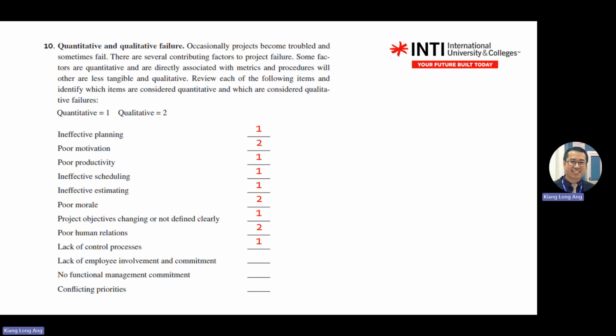Lack of employee involvement or commitment. What is this? Can you count commitment or can you count involvement? It's qualitative. Commitment is qualitative because you involve human and this one is lack of commitment. Sometimes you're unable to judge whether certain people are committed or not committed.